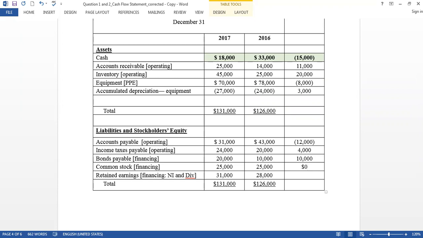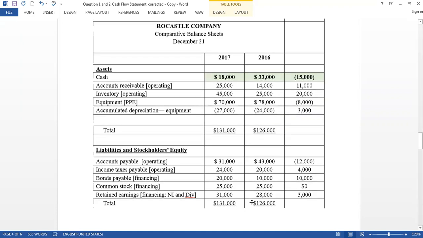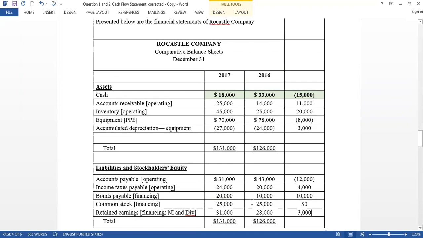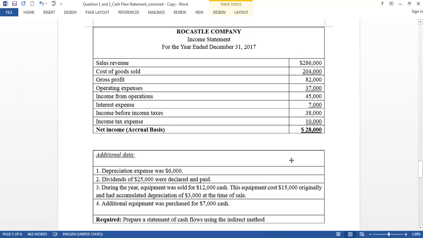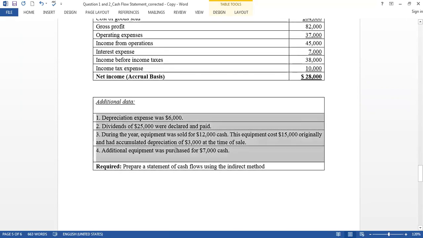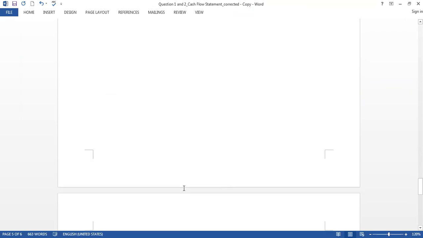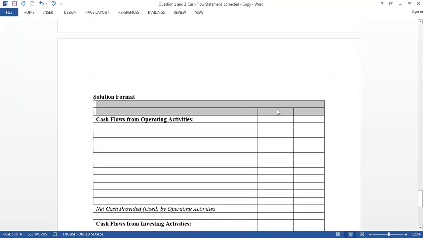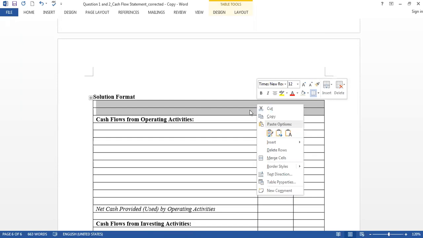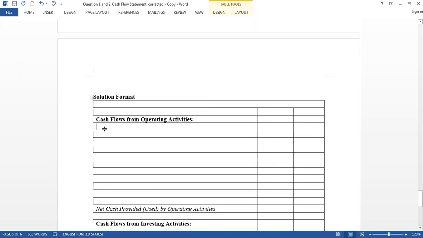And retained earnings increase $3,000. Yes. Now we have to solve the question. We have net income, accrual basis net income, and we have some additional information. Anyway, we start here, so net income.